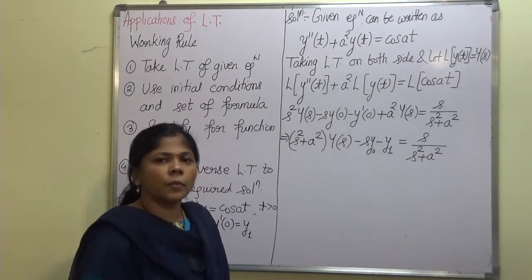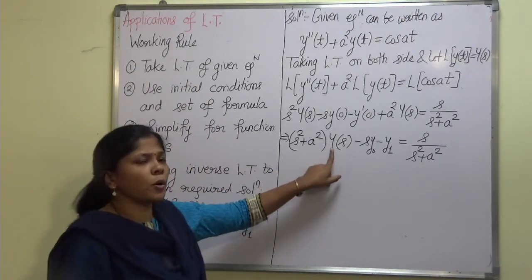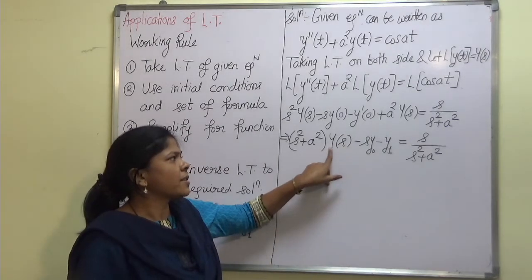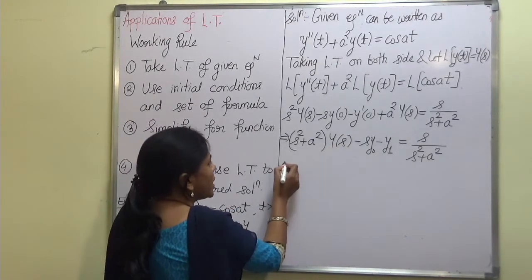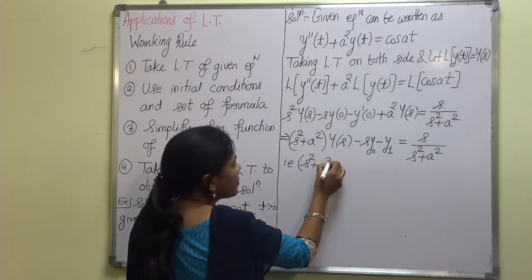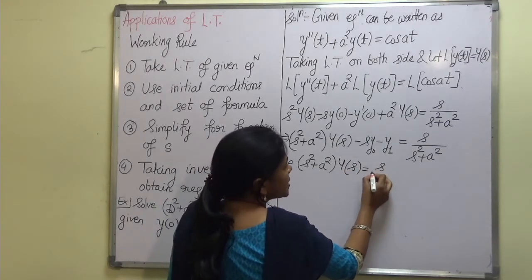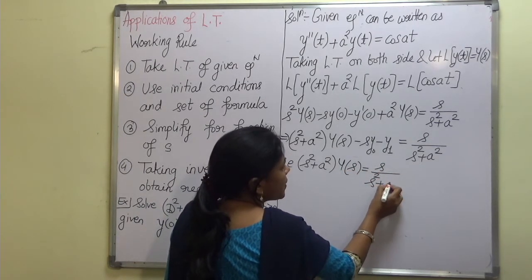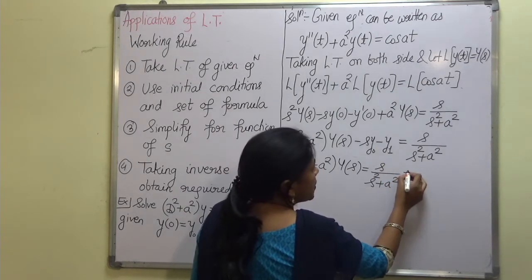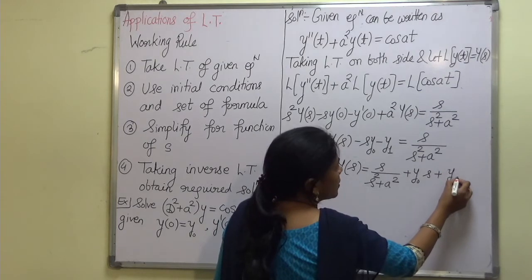But the next step is to simplify for the function of s. It means we have to obtain Y of s. So we shift all other terms other than Y of s to the right hand side. It will be s upon s square plus a square plus y0 s plus y1.